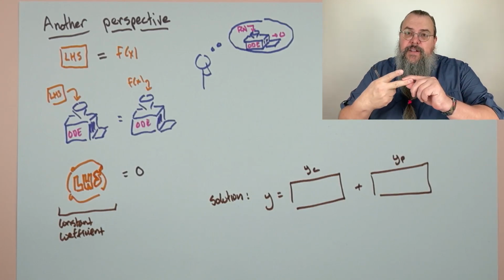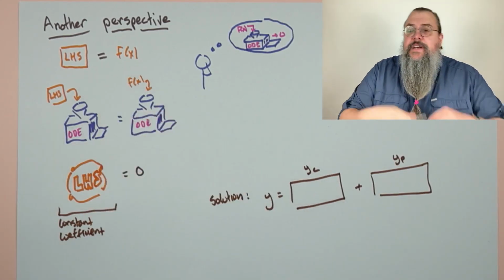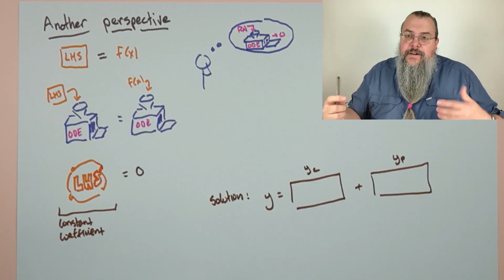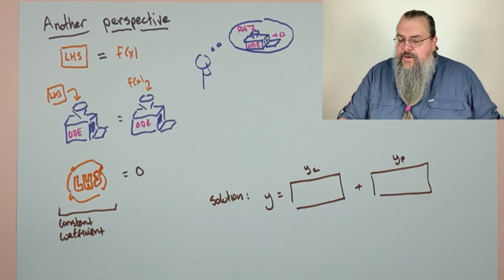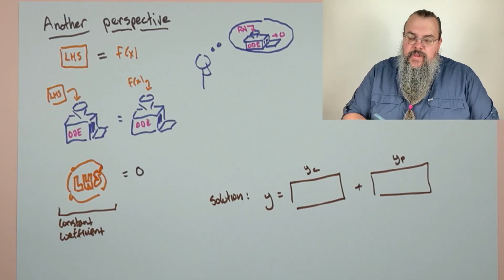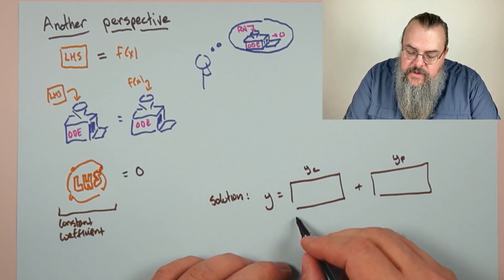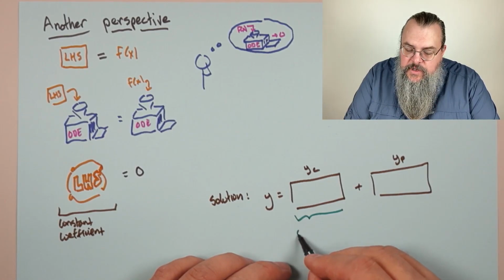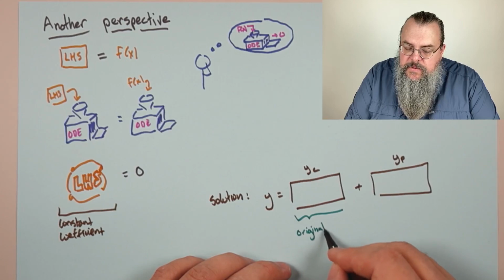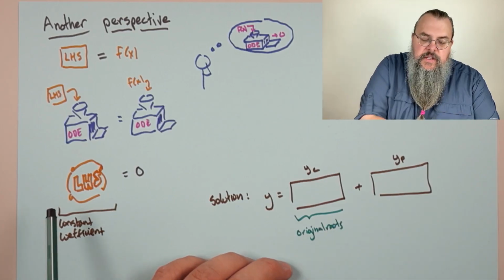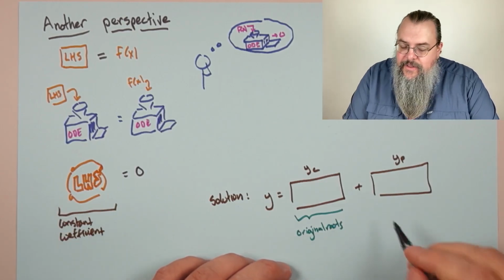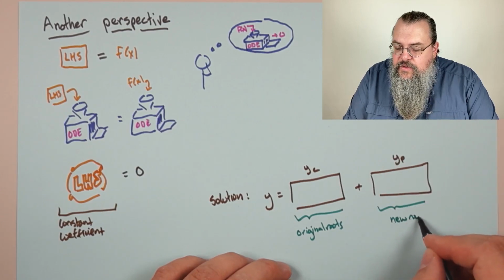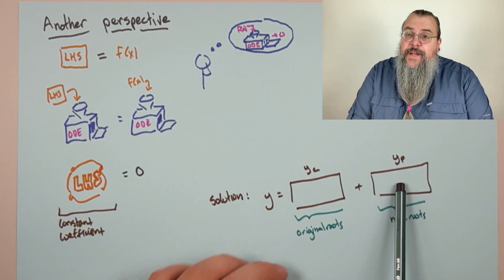The particular part that actually makes the f of x work, and then the homogeneous or complementary part that makes our arbitrary constants work, lets us do our initial conditions. This part came from our original roots. So if we had roots before, there are still roots here. The particular solution is our new roots. That's what these pieces are made out of.